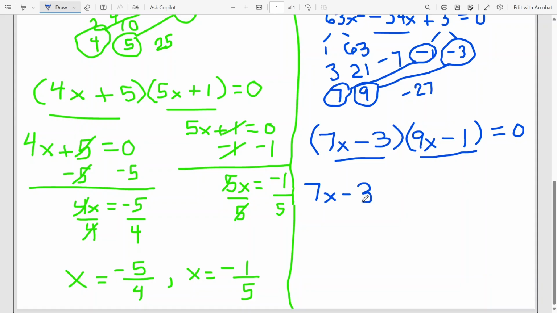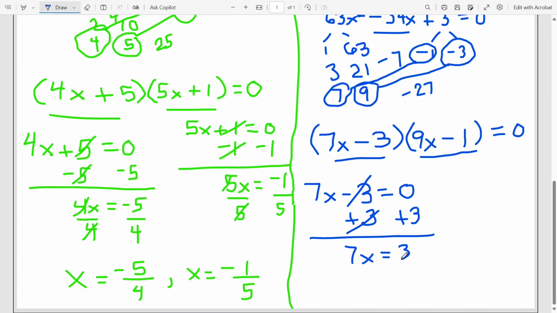minus 3 equals 0. We're going to add 3 to both sides here. These cancel, and I'm going to get 7x equals 3. We'll divide by 7. So we get x equals 3/7 is one of my solutions.